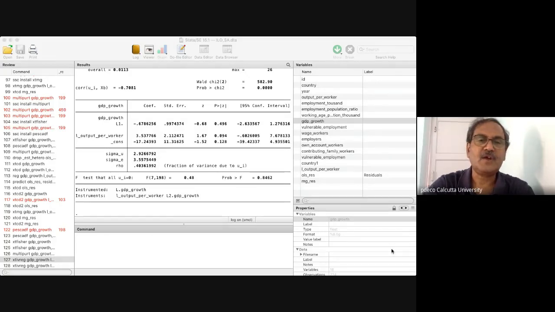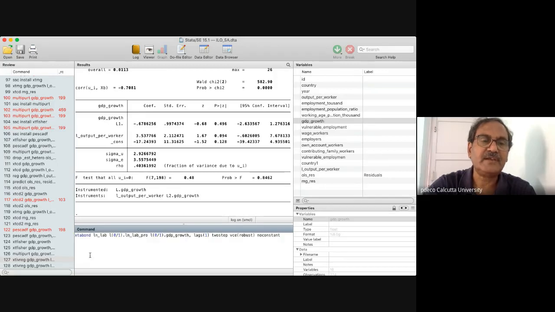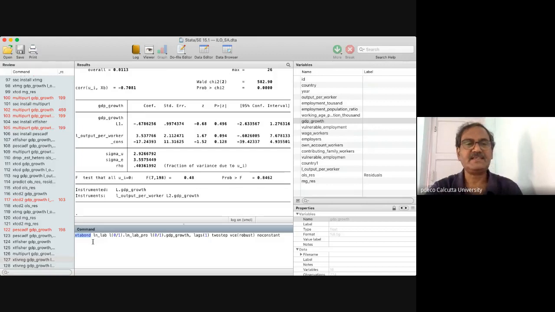The command is long, that's why I have copied it from other sources. I have to change it according to our need. The command for Arellano-Bond is xtabond. xtabond is the command.